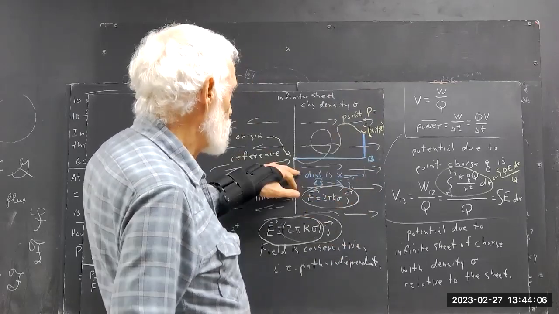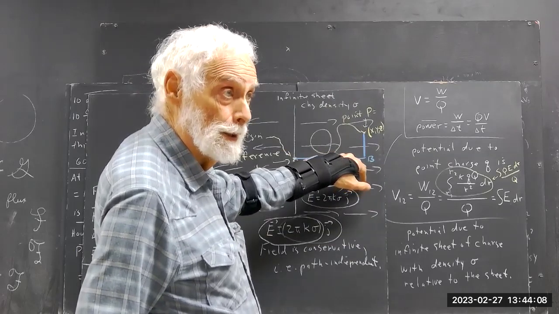Here, you just get the magnitude of the field times the length of this part of the path.